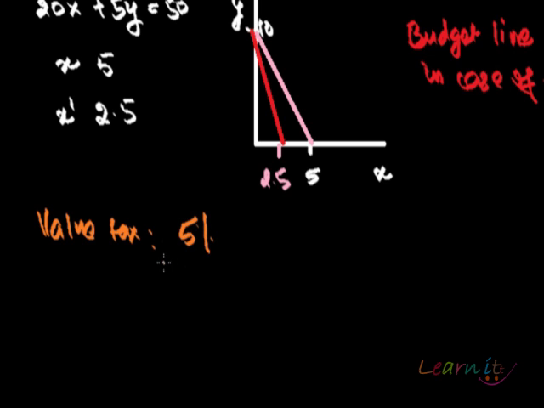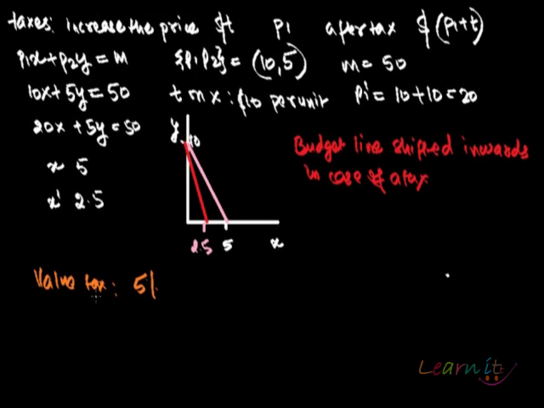I'll be talking about the different kinds of taxes in different recordings, but the only point I want to make here is how these taxes impact the budget line. This will also increase the price of the good, and hence it would also shift the budget line inwards in case of a value tax.